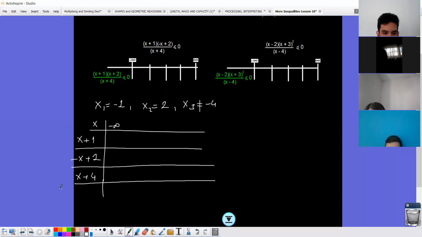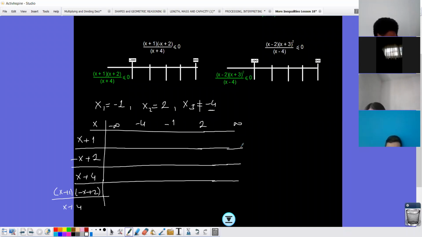And the result at the end is x plus 1 times minus x plus 2 over x plus 4. Now which root will I write first? Minus 4 is the smallest one. I will start with minus 4, then minus 1, 2, and at the end, plus infinity.